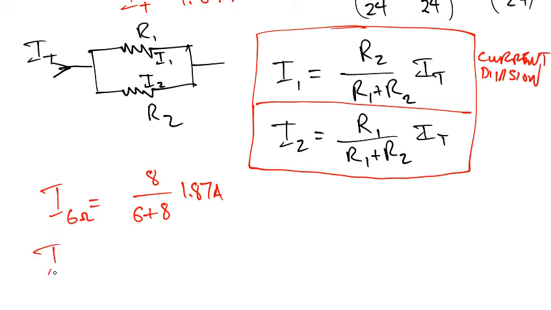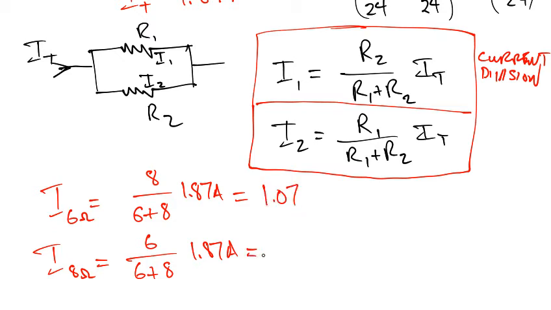And the I through the 8 ohm resistor is going to be 6, the opposite side, divided by 6 plus 8 times 1.87 amps. Now that is going to be approximately 1.07, and this is going to be approximately 0.8.